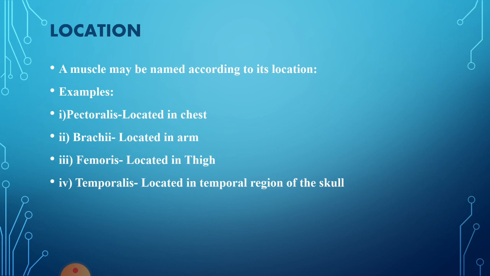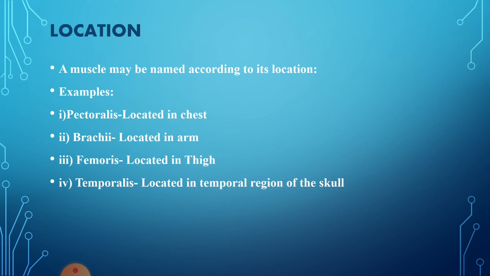There is another example, that is femoris muscle, which will be located in the thigh, and the example for the femoris muscle is biceps femoris muscle. That would have two tendons just like biceps brachii muscle, but the brachii muscle will be located in the arm, while the femoris muscle will be located in the thigh.